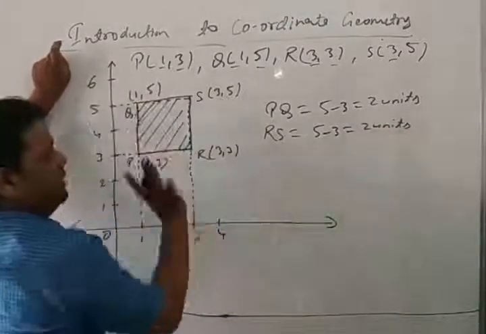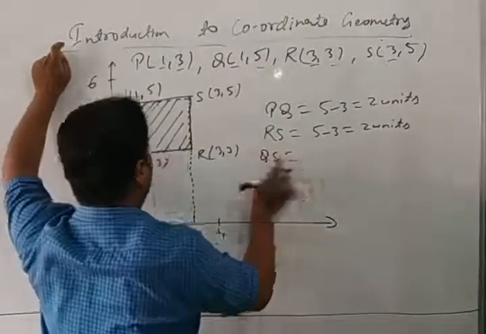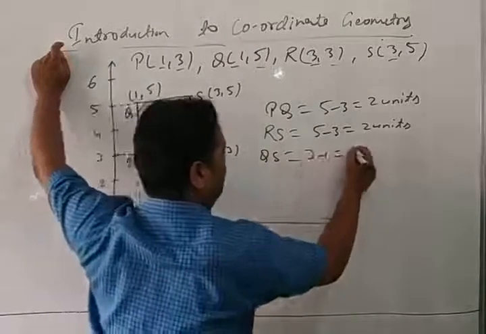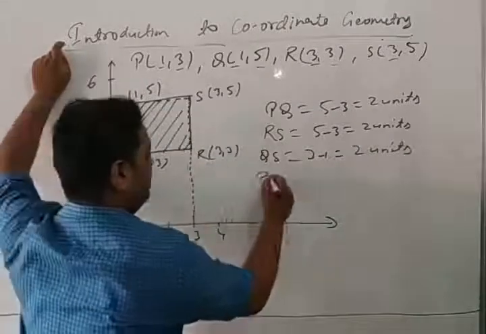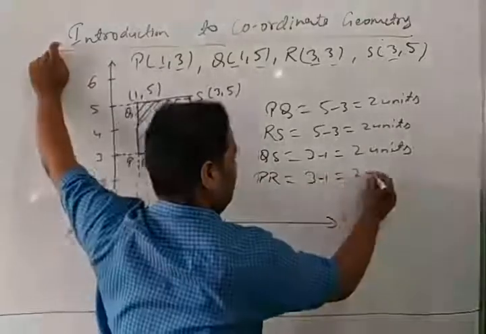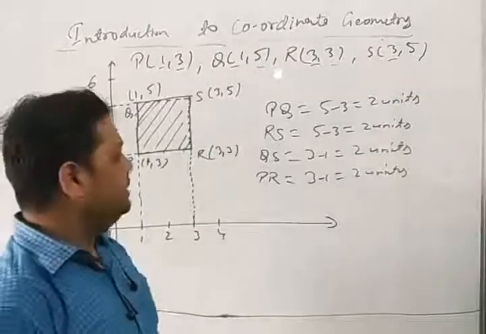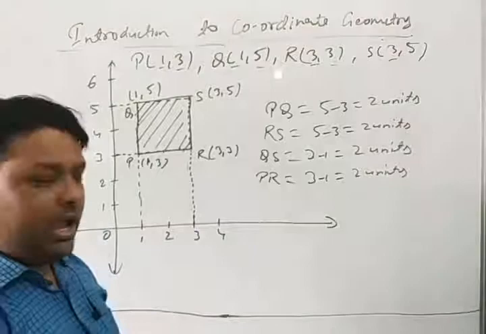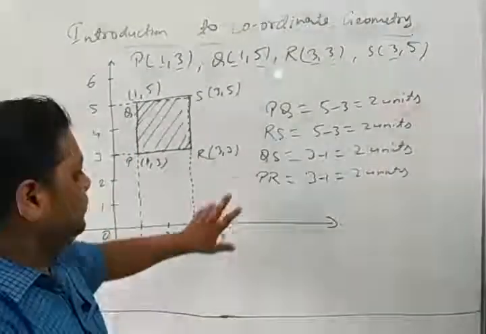Opposite sides are also the same. Now QS: the y values match, so 3 minus 1 we subtract, then 2 units again. This one, PR: 3 minus 1, 2 units. Now you can see that all sides are 2 units. It means it is a square. All sides are the same, and the angles are right angles, so it cannot be a rhombus. Simple. So it is a square.